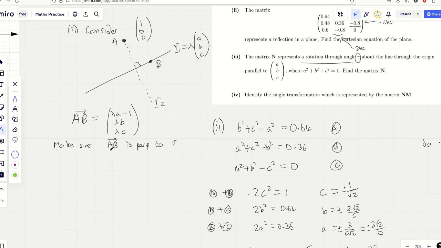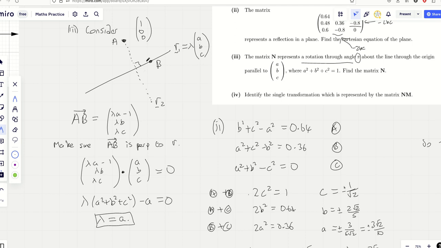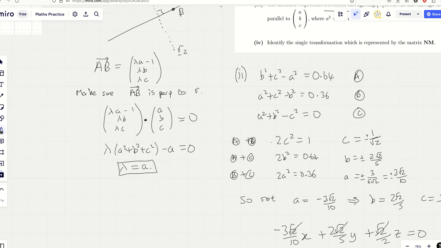So let's make sure firstly that AB is perpendicular to R. If lambda A minus 1, lambda B, lambda C is perpendicular, then when I dot it with the direction of this line, it should equal 0. That gives you lambda times A squared plus B squared plus C squared, minus A equals 0, and that equals 1, so lambda equals A. In other words, lambda must be equal to A for that to actually be at right angles.